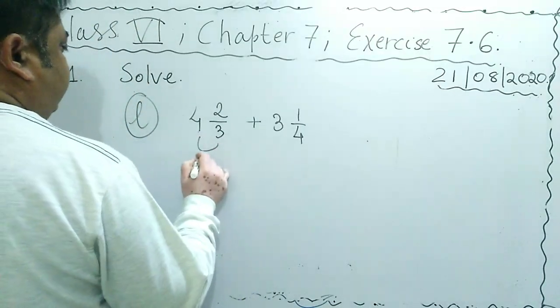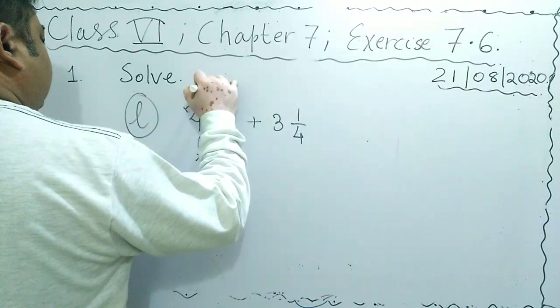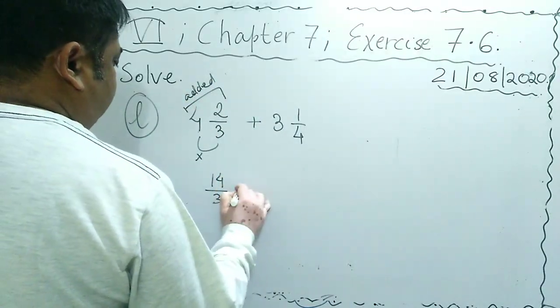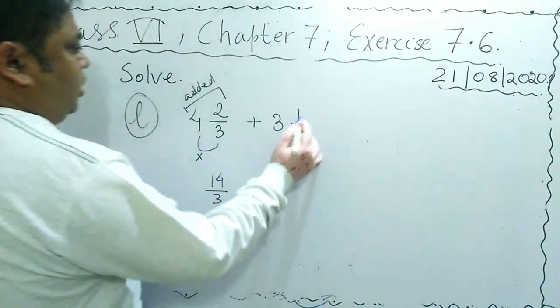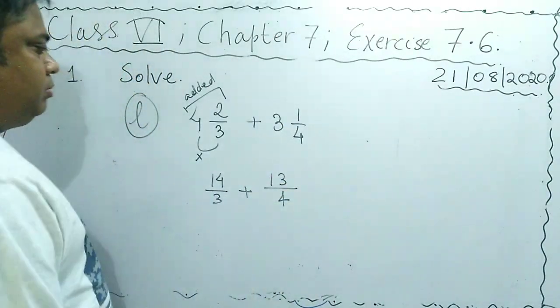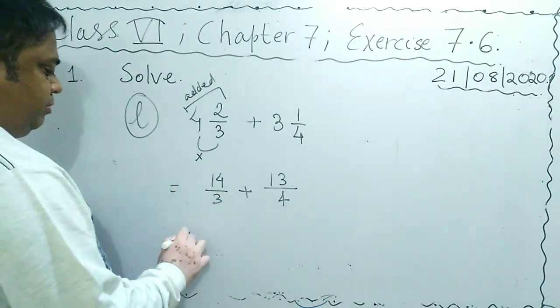This will be multiplied. This we will be added. So 12 plus 2, 14 by 3 plus 12 plus 1, 13 by 4. The denominators are different, so we have to take the LCM. It will become 12.